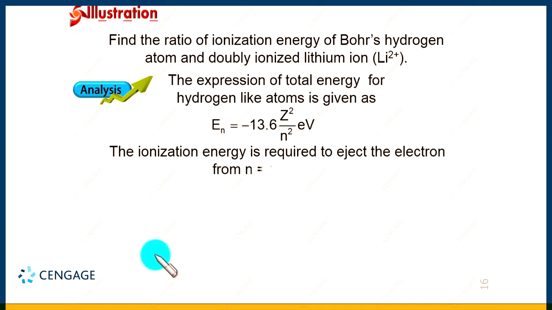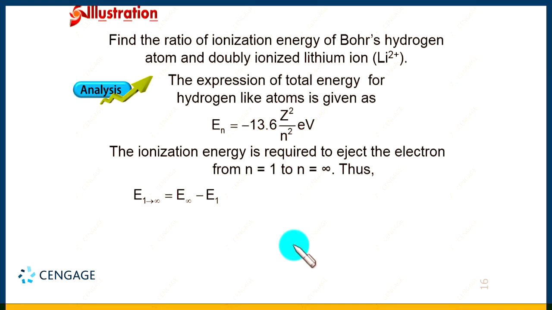So, we can write ionization energy equal to E 1 to infinite, that is equal to E infinite minus E 1. We know E infinite equal to 0, just move the electron outside the atom. So, we should write E infinite equal to 0 and E 1 equal to minus 13.6 Z square divided by 1 square.